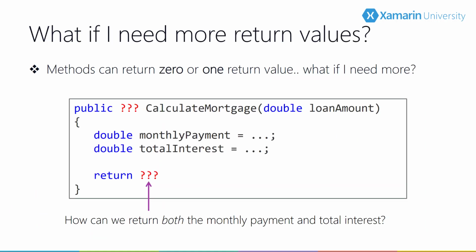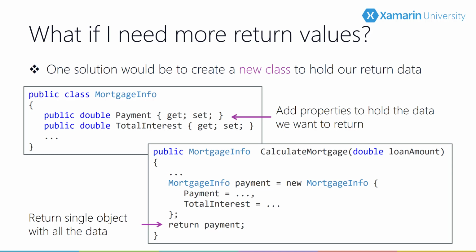However, the challenge to all of this is, what do I set the return type as if I want to return multiple values back to the caller? It turns out that there are actually many solutions for this. We'll talk about a couple. The first solution is that we could create a class that encapsulates all the information we're trying to send back to the caller.